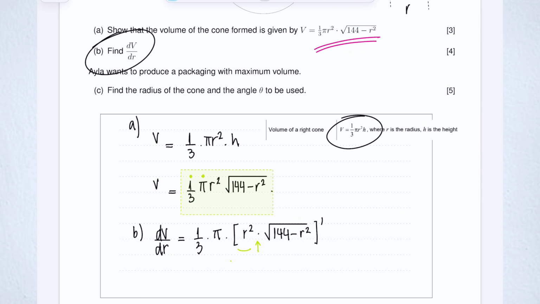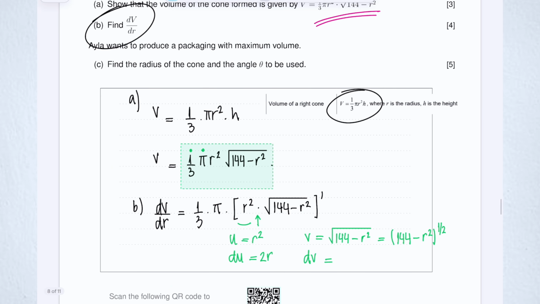Let's call u r squared, which means that du is 2r. Let's say that v is the root of 144 minus r squared, which by the way can be rewritten as 144 minus r squared to the half. By using the chain rule, we have the derivative of this root, so 1/2, 144 minus r squared to the negative half, times the derivative of 144 minus r squared, which is negative 2r.